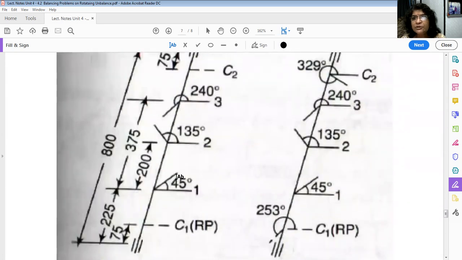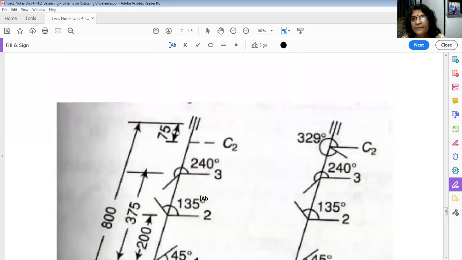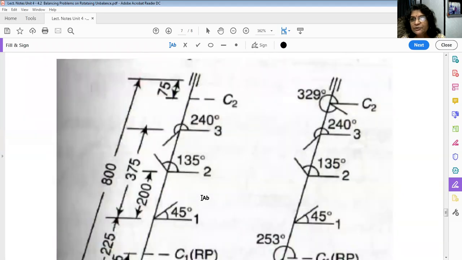See, this is almost a 3-dimensional diagram. This is your shaft length. This is the first mass, second mass, third mass. So what is the distance of the second mass from the first mass? It is given as 200 mm. The distance of the third mass from the first mass is 375 mm. And their angular positions are also given.